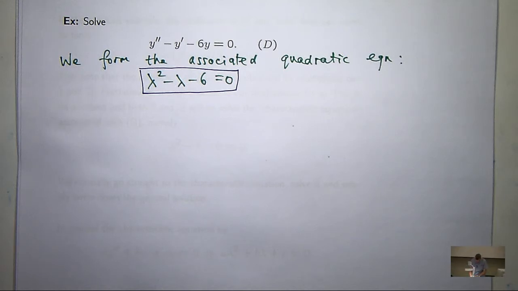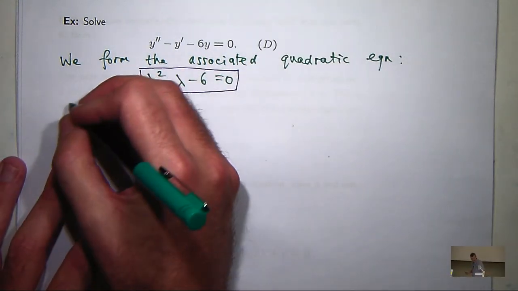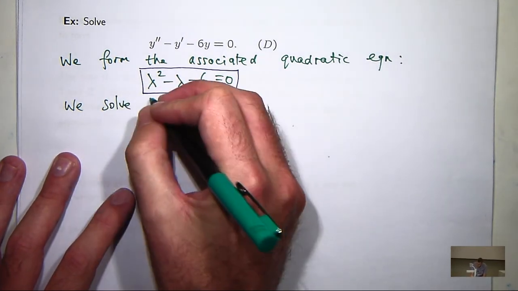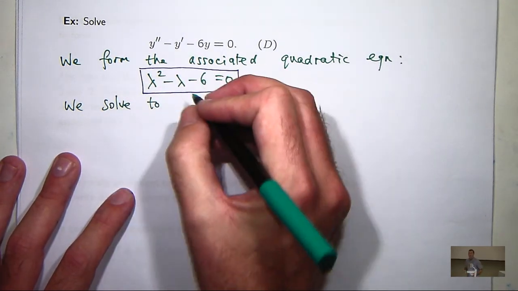Now, some of you may be sitting there going, well, so what? Like, hang on, we're doing differential equations. I did quadratic equations in grade 9. Well, we're going to use these roots to form our solution. Let me show you. The first thing we notice about these roots is that they're both real numbers and they're not equal to each other.